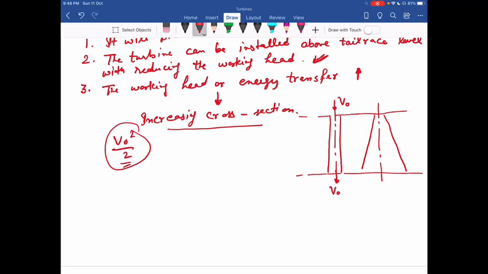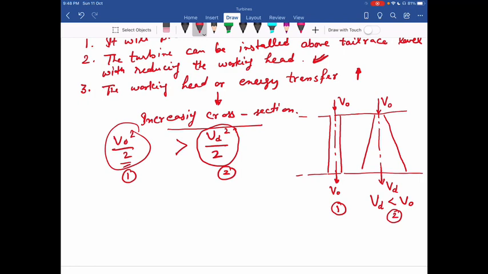Now in the case of enlarging cross section, the velocity is Vd, and this Vd is always less than Vo. So in the second case, the wastage energy is Vd square by 2, again per unit mass. So this wastage of energy is less as compared to Vo square by 2, which is case 1. This is for case 1 and this is for case 2.